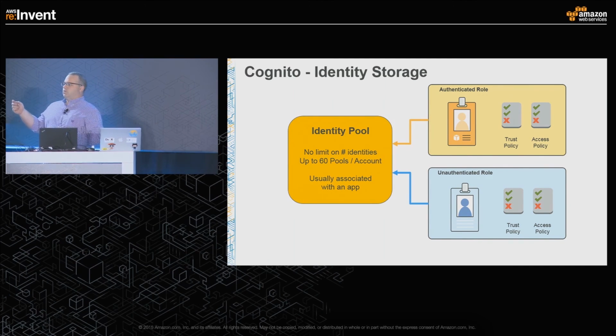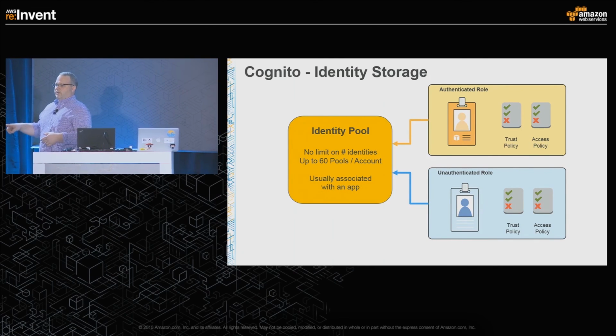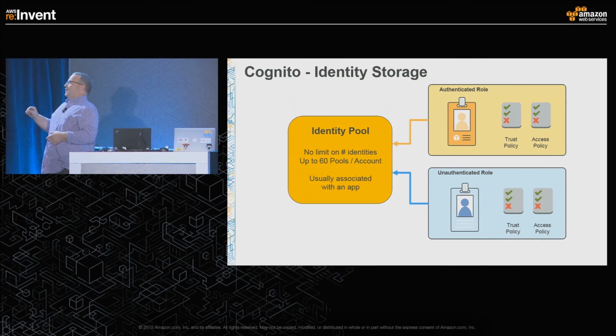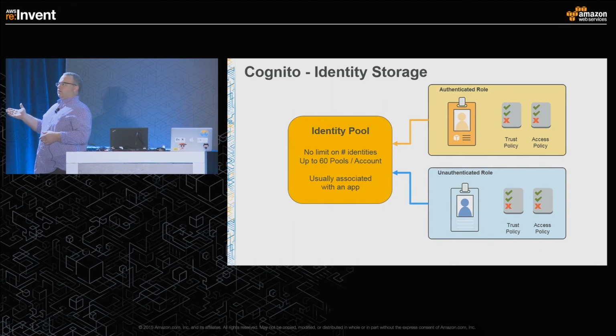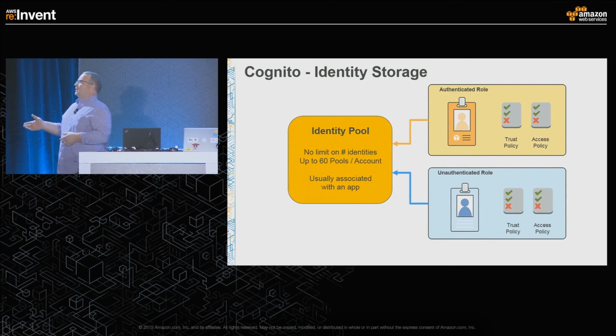Associated with your identity pool are two roles. There's an authenticated role and an unauthenticated role. They're just normal IAM roles. You can associate any of your current roles with the identity pool. And the permissions on those roles are exactly the same.